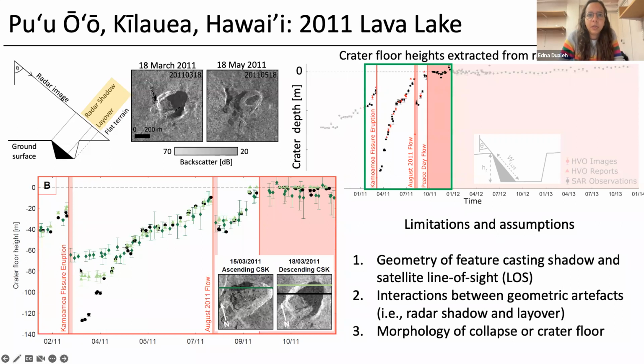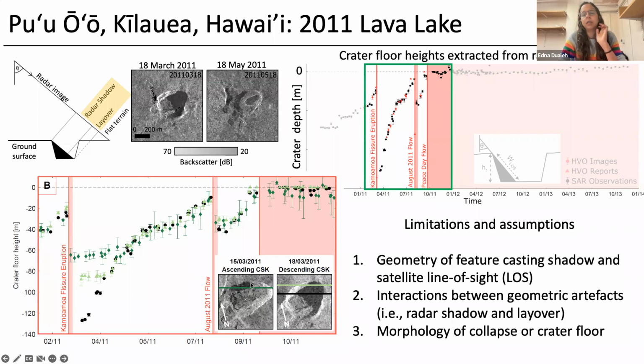So if we look at, for example, this first dark green plot, which correlates to this cross section here, we can see that the cross section comes in at a very oblique angle to the radar shadow. So it makes it quite difficult to pinpoint where the shadow starts and ends, which then produces these large error bars.